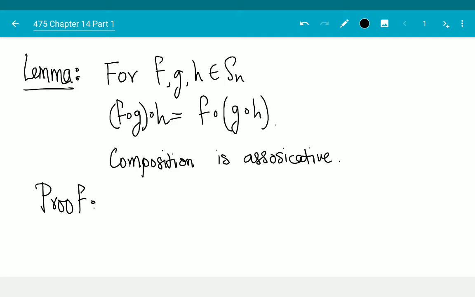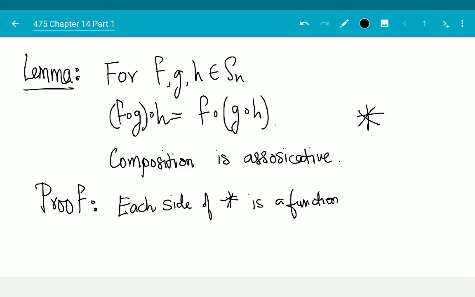So here's our proof. Well, each of these is a function, right? Let me call this star. Each side of star is a function, because it's a composition of functions.